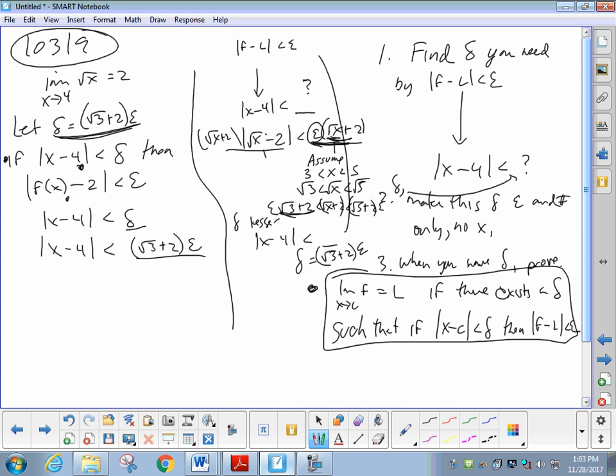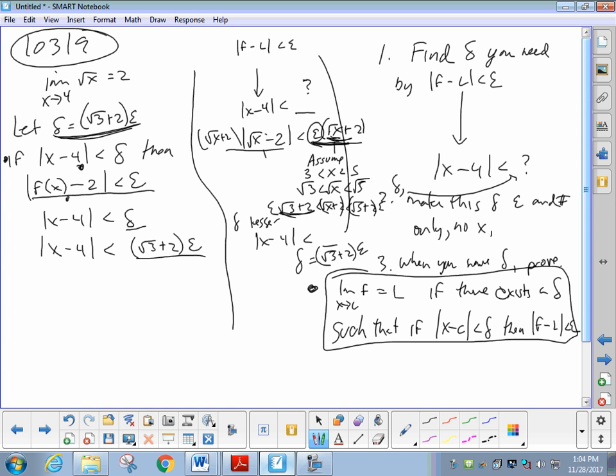Now, this is where we're at. I'm going to show you, hey, this is where that's coming from. Because right now it feels like that's just crazy out of nowhere. This is now off to the side showing where this is coming from. I'm going to come back and finish, building towards f of x minus 2.